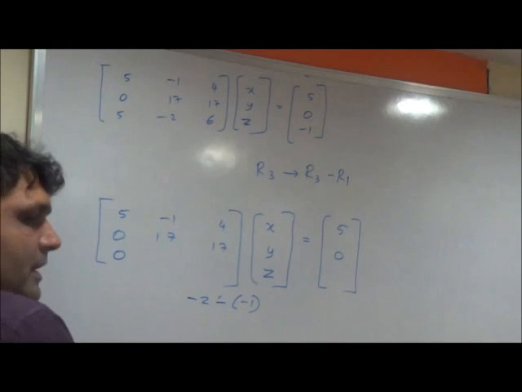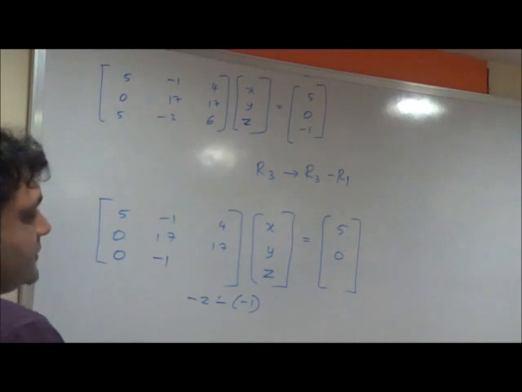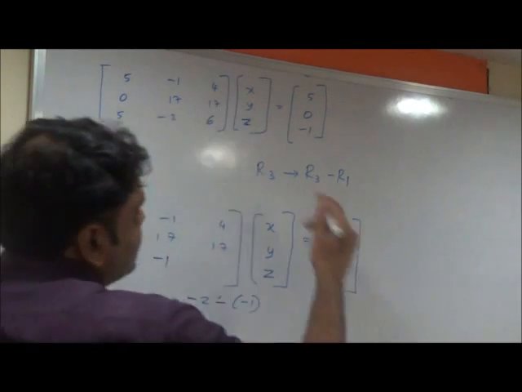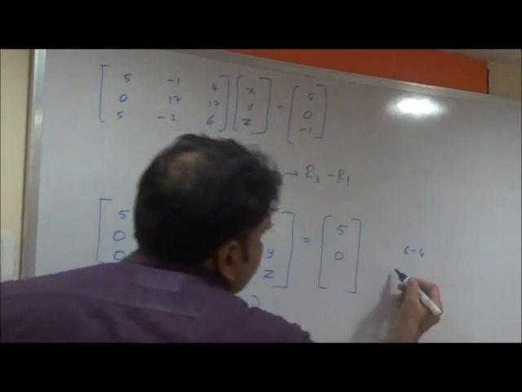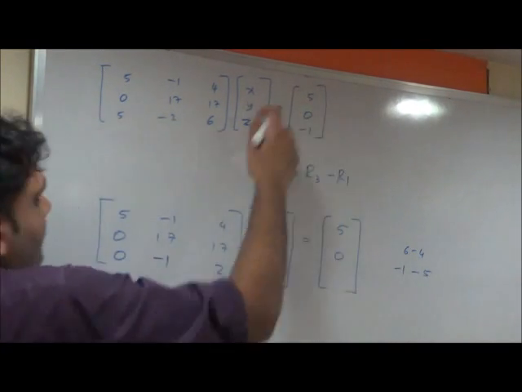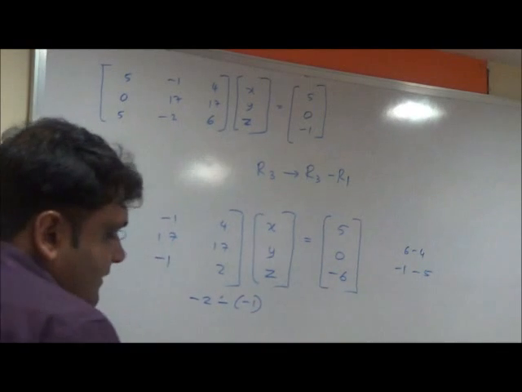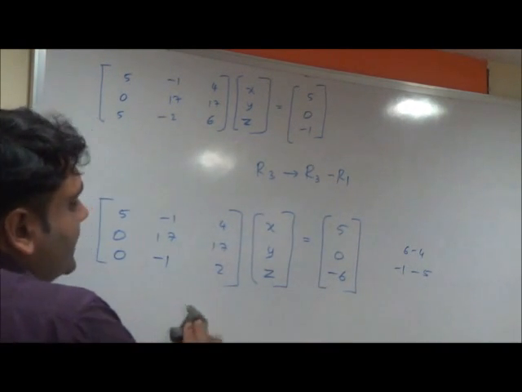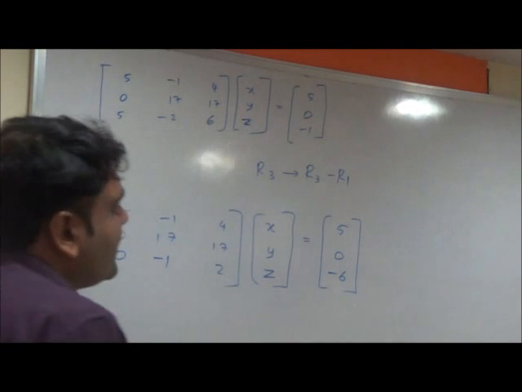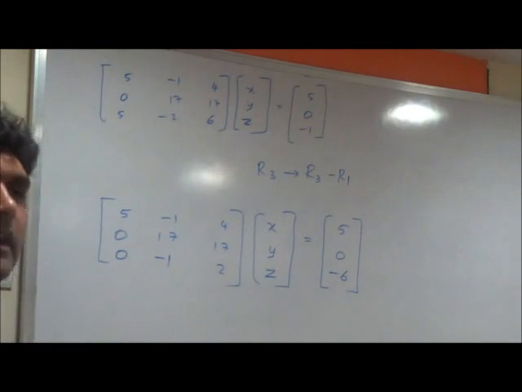That is minus 2 plus 1, which is minus 1. What about this? 6 minus 4, which is 2. Minus 1 minus 5, minus 6. Please write it, especially for complicated calculations, so that you avoid careless mistakes. Whenever a lot of negative signs are there, there is a chance that you might make careless mistakes.